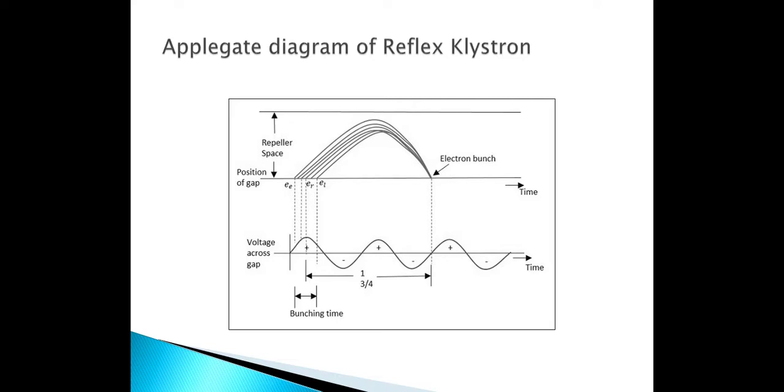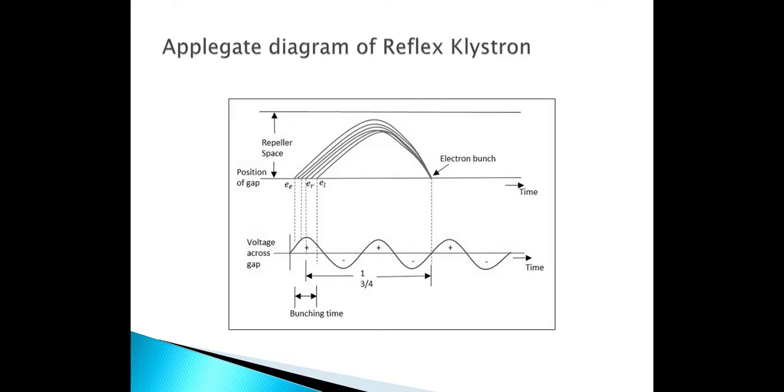The return time for electron EE is greater as the depth of penetration into the repeller space is more. Hence, EE and ER appear at the gap for the second time at the same instant.